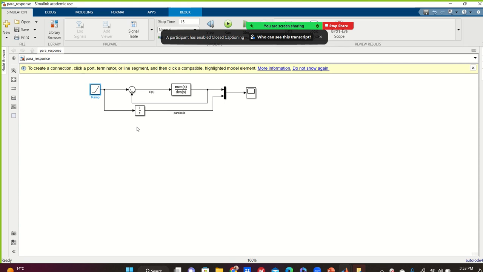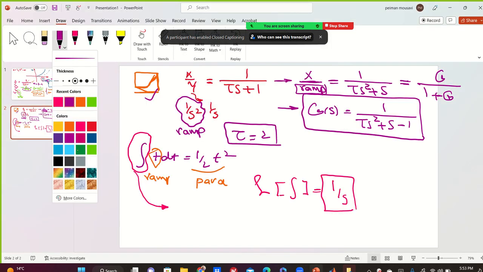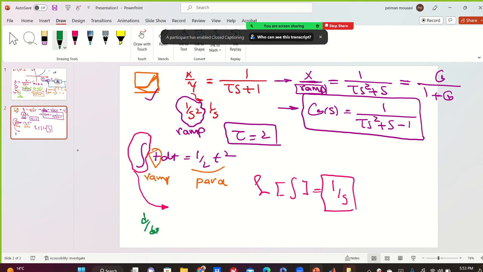These are trivial things, but very useful. You know that d over dt of t is the unit step, 1. That's right from high school. And as I taught you, the Laplace of the first time derivative is s.